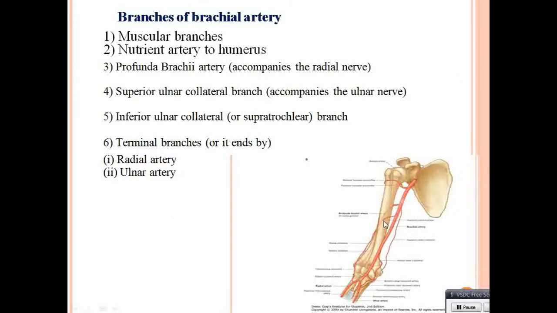Profunda brachii artery is one of the deep branches of the brachial artery that will accompany the radial nerve. Superior ulnar collateral branch accompanies the ulnar nerve. Inferior ulnar collateral branch.